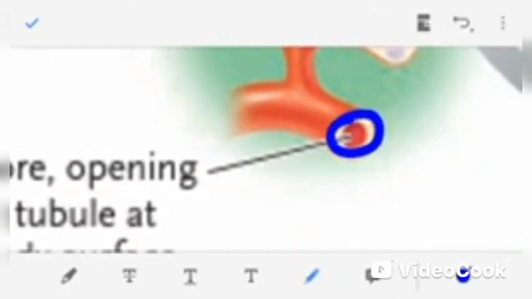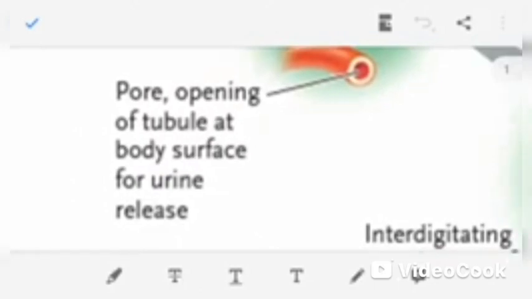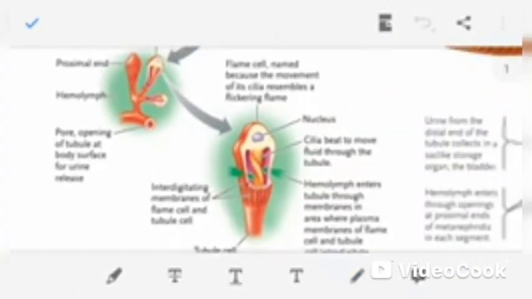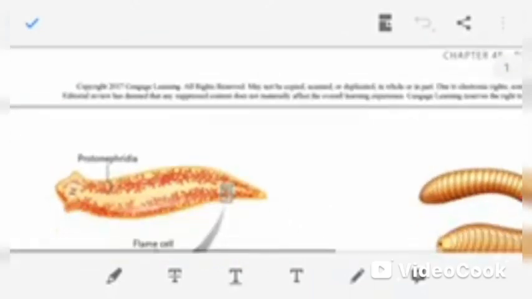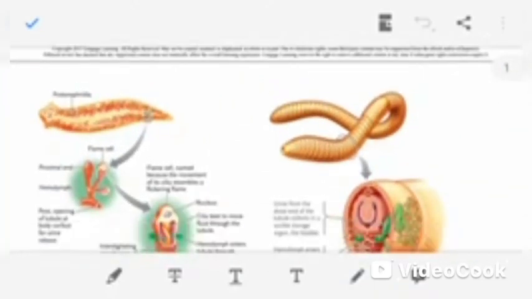This pore or opening is present on the distal end of the tubule, and this pore opens on the body surface of Dugesia, and the urine is released. So this is how the urine is formed, and this is how excretion takes place in Dugesia with the help of protonephridia.